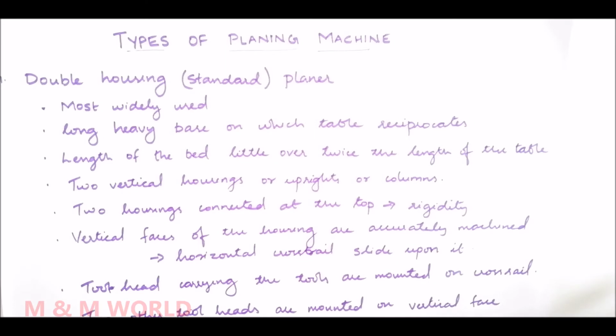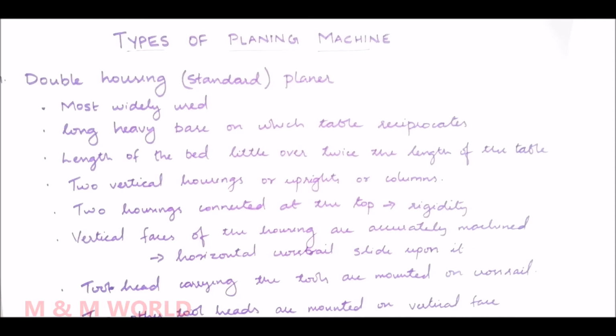The fundamental difference between a shaper and a planer is that in a planer the work which is supported on the table reciprocates past the stationary cutting tool, whereas in a shaper, the tool which is mounted upon the ram reciprocates.